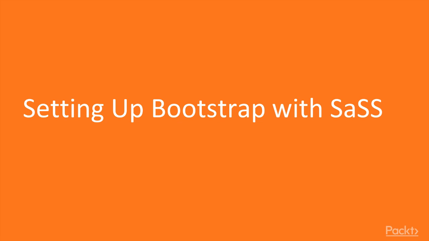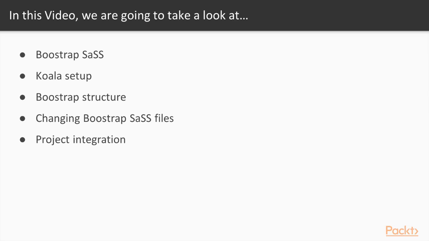So to get us started with this section, let's move on to our first video, setting up Bootstrap with SaSS. In this video we're going to take a look at the file and folder structure of the Bootstrap SaSS or source files, how to best set up our Koala app to compile not only Bootstrap but our CSS as well.